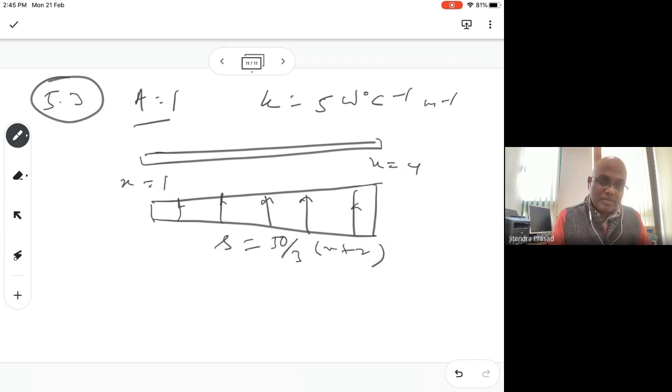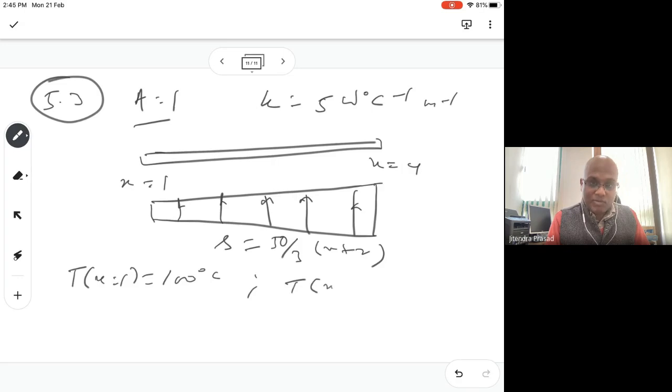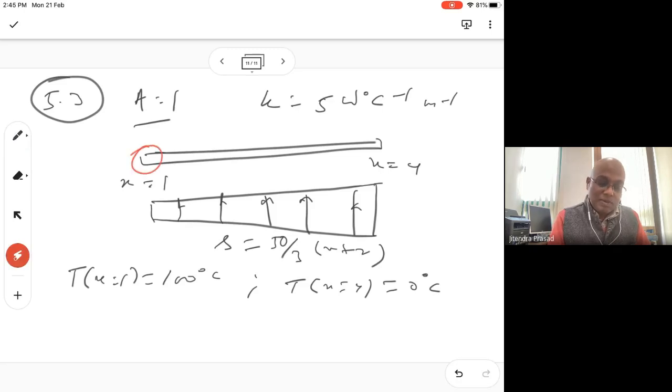The boundary conditions are given as T at x equal to 1 is 100 degrees Celsius, and T at x equal to 4 is 0 degrees Celsius. Since T is given at both ends, you don't have to invert the matrix; you just have to find Q at both places.